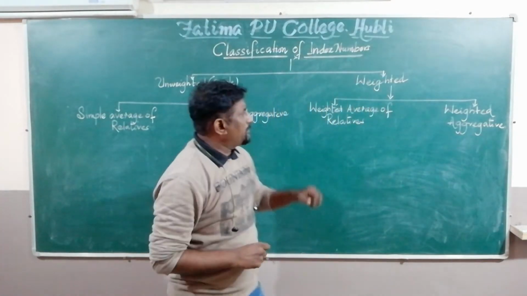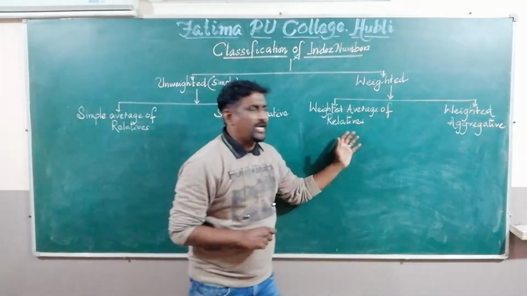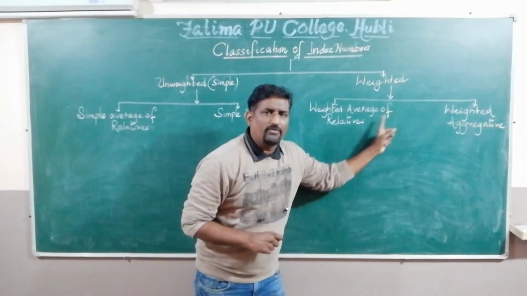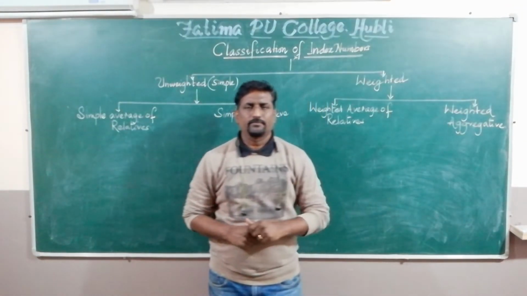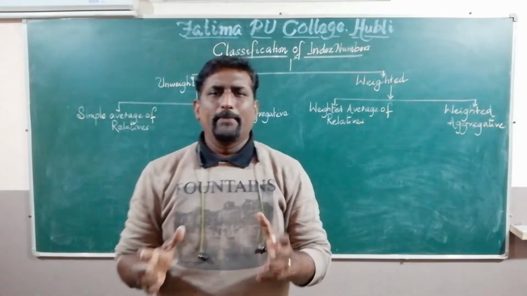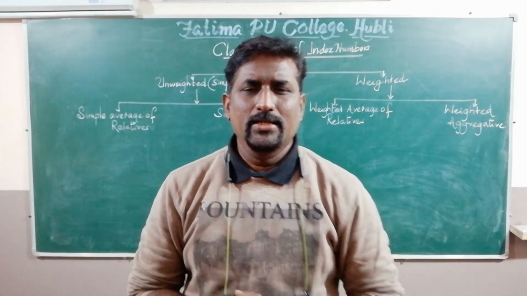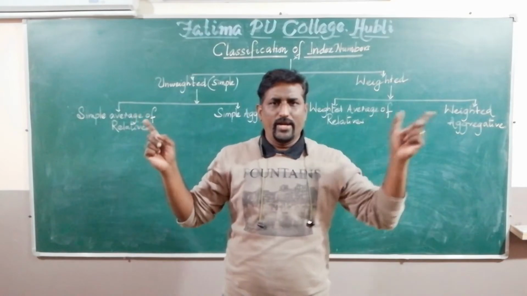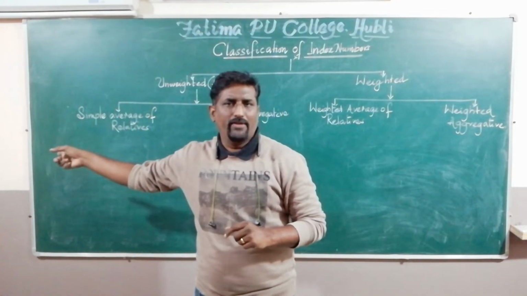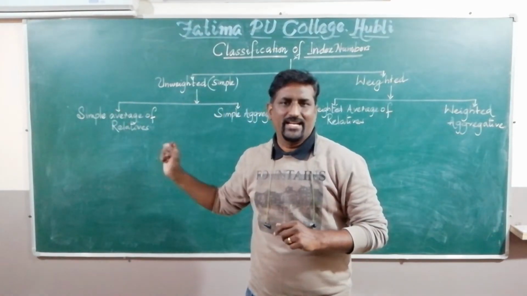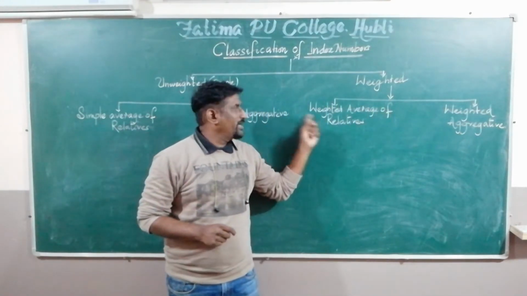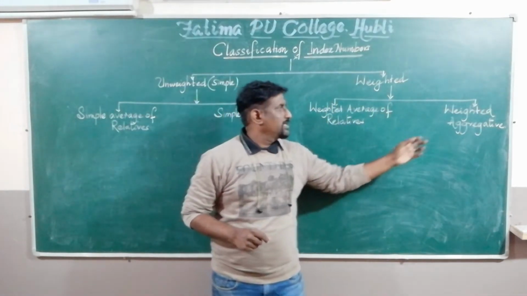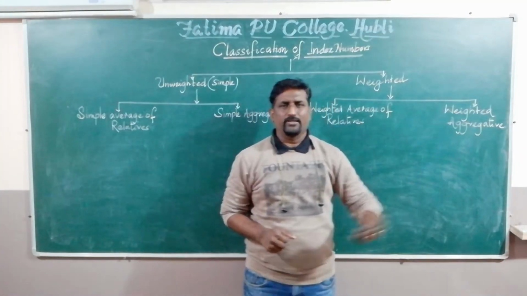In the same way, weighted is divided into weighted average of relatives, and the other one is called weighted aggregative. This is the major classification. Number one, unweighted and weighted. In unweighted, simple average of relatives and simple aggregative. In weighted index numbers, weighted average of relatives and weighted aggregative.